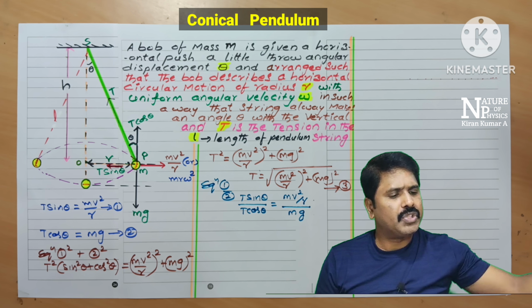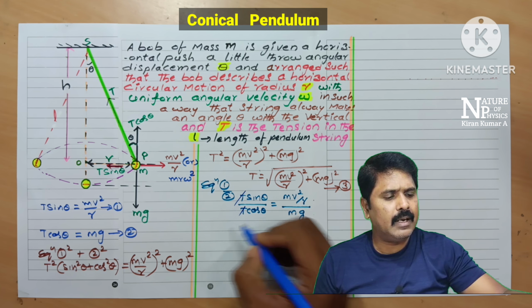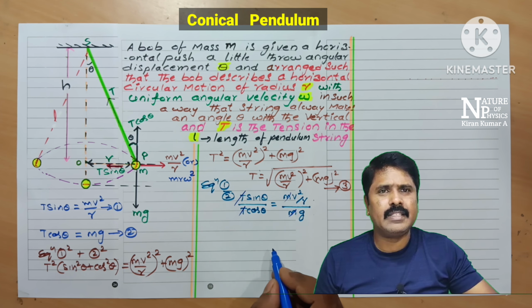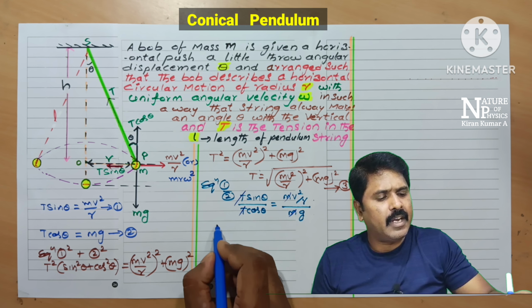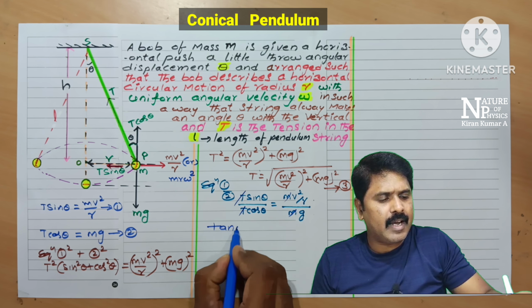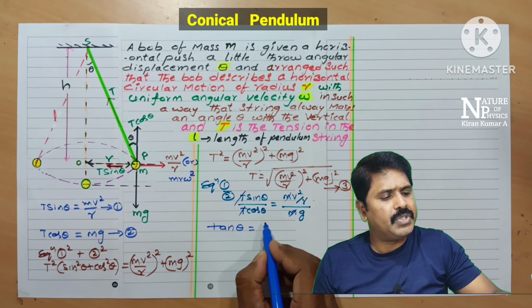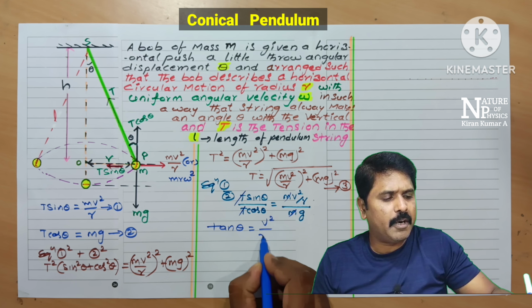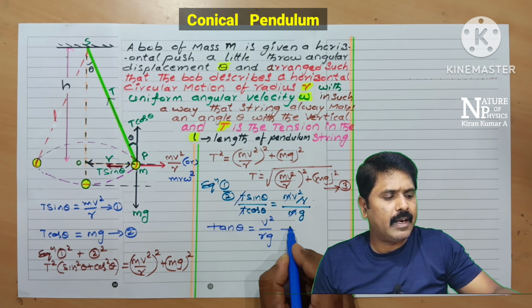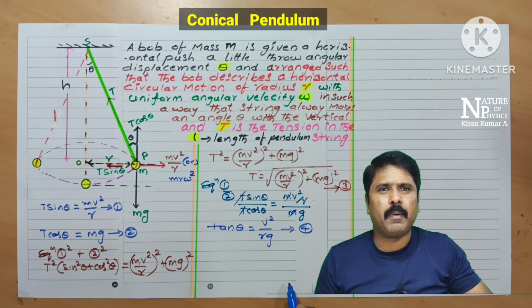In this equation T cancels and the mass also cancels, numerator and denominator. Sin theta by cos theta is tan theta, which is equal to v square divided by rg. I can write this as equation number 4.